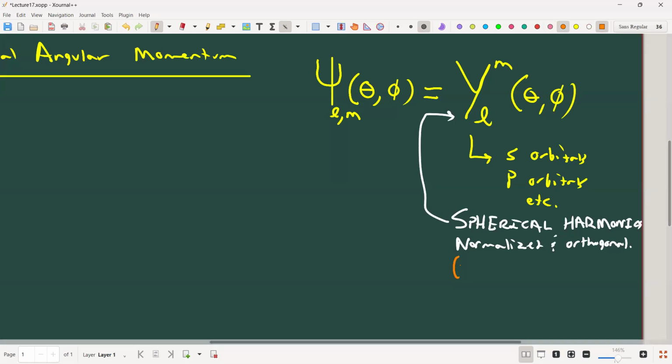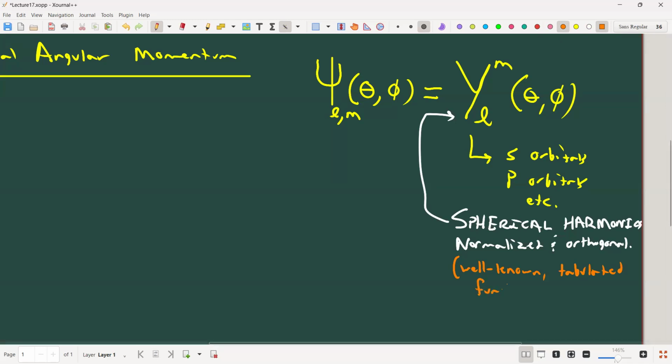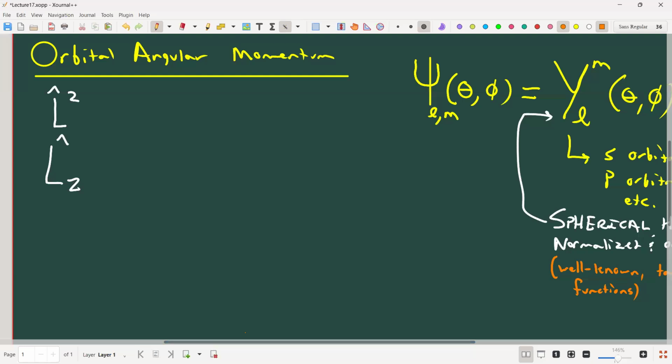They're well known. Okay, so we don't really have to worry too much about those orbitals right now. We just know that they look like S's and P's and D's and F's. We have a sense of what those orbitals look like. Gen Chem, just keep those in the back of your head. These are the states of angular momentum.